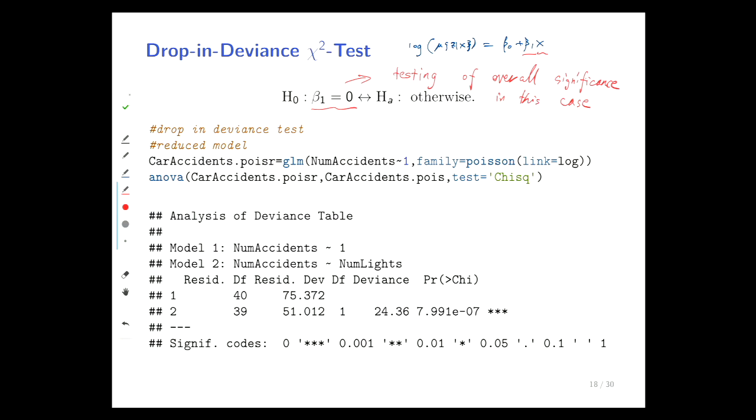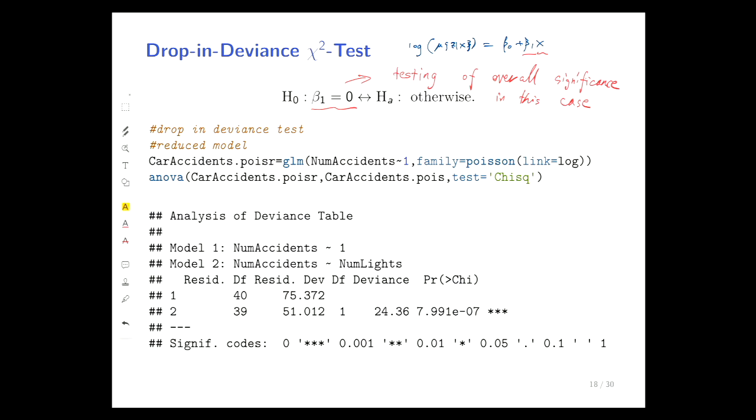And in order to perform this drop-in deviance chi-square test, I do not think that's hard, and basically the idea is similar to the binary or binomial logistic regression model. So we need to consider the reduced model and also the full model.